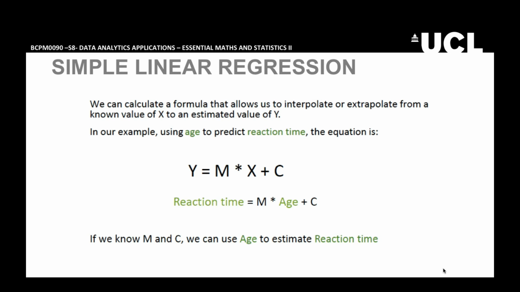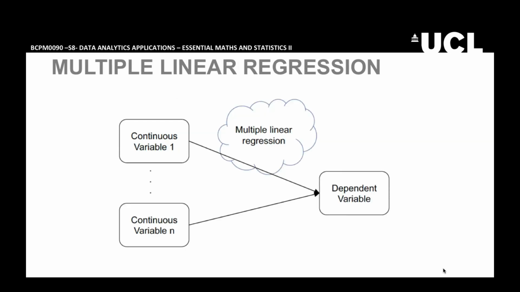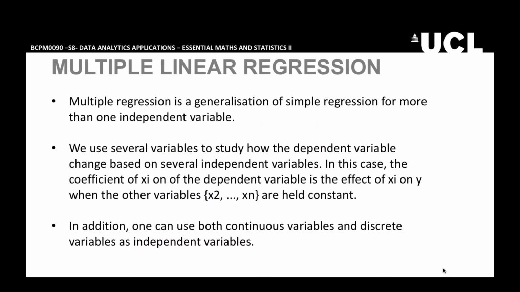Finally, we are going to talk about multiple linear regression. That is the case when we want to analyze the influence of several continuous variables on the dependent variable. Basically, multiple regression is a generalization of simple regression.